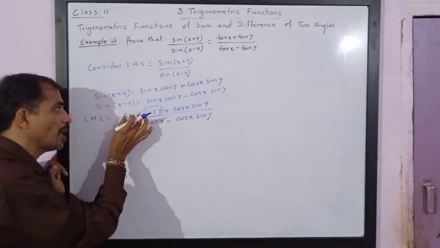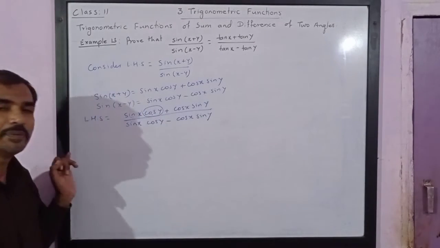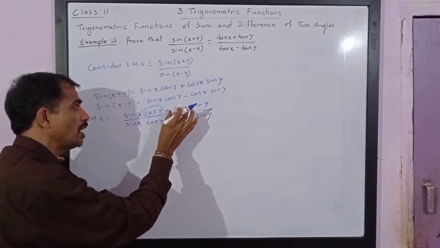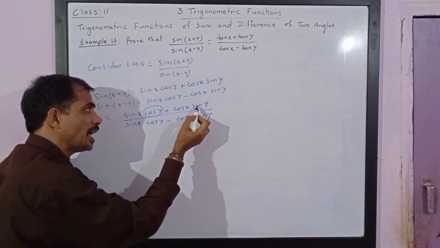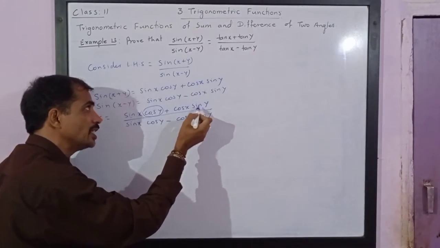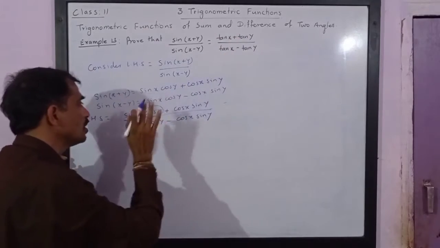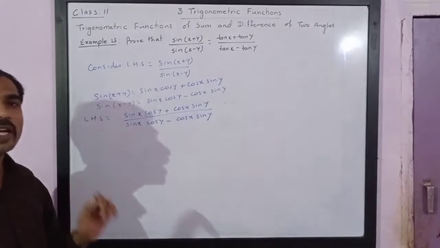So if you divide by cos x and cos y, we will get tan x and this term will get eliminated. The same thing will happen here also. If you divide by cos x, cos x will get eliminated and we will get sin y upon cos y, that is tan y. Means by looking at the RHS, we can decide what the numerator and denominator are to be divided by.